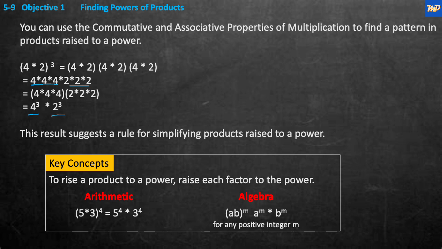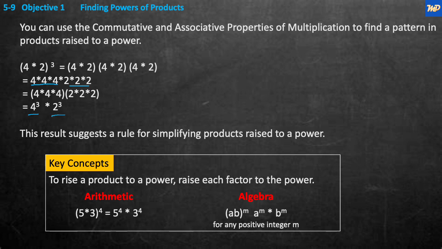This suggests a rule for simplifying products raised to a power. So here's the rule. To raise a product to a power, raise each factor to the power. And that's what we did here. We took the factors and raised them to the power as opposed to raising the quantity 4 times 2. So for an example, let's look at the algebra part.